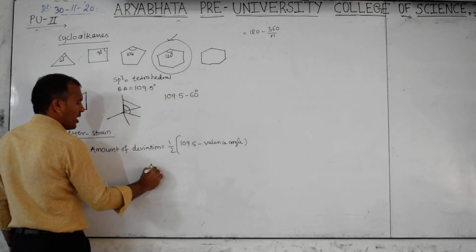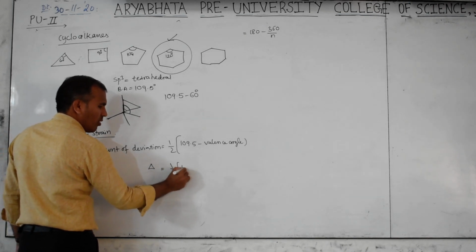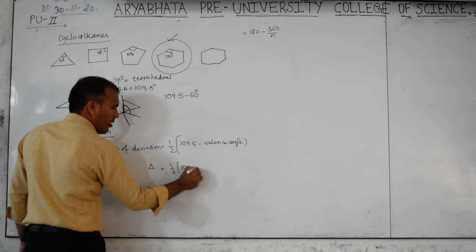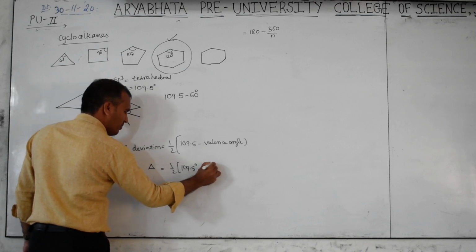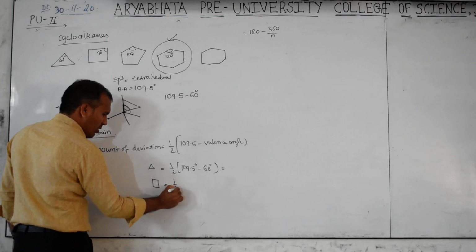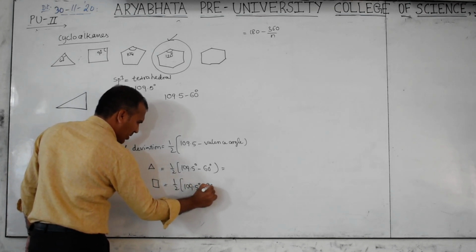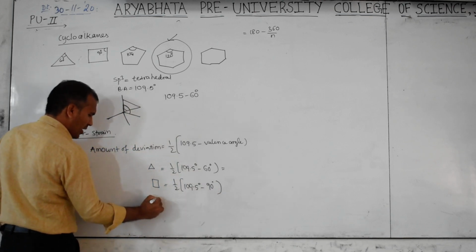So first, cyclopropane: amount of deviation is 1 by 2 times 109.5 degree minus 60 degree. Calculate right here. Cyclobutane: 1 by 2 times 109.5 degree minus 90. Calculate and write here.